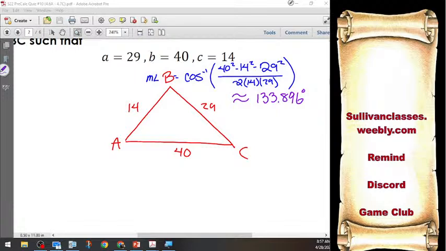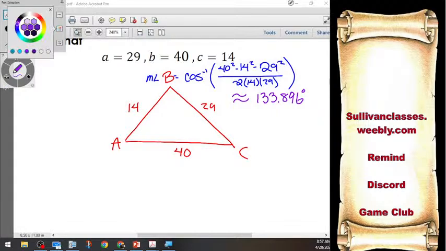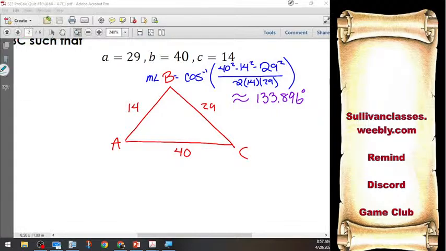Okay? So now I do have a choice. What do you want to do? Law of sines or law of cosines? Okay? Law of cosines doesn't lie, so it's usually pretty safe. I could do A: arc cosine of 29 squared minus 14 squared minus 40 squared, all over negative 2 by 14 by 40.